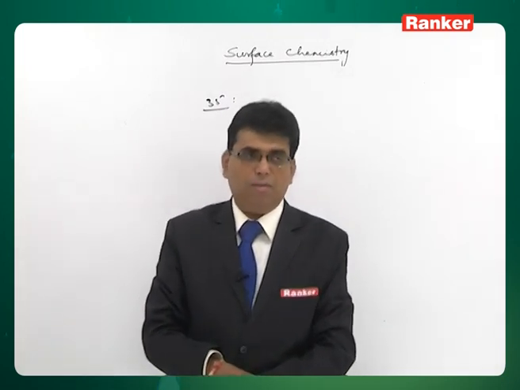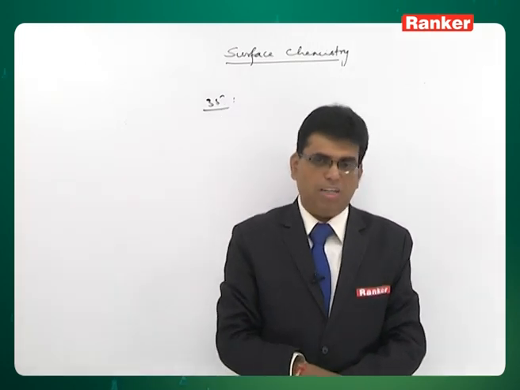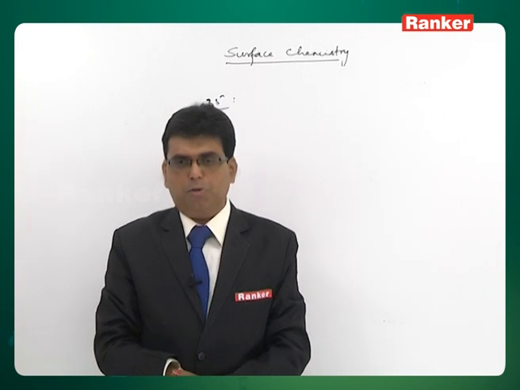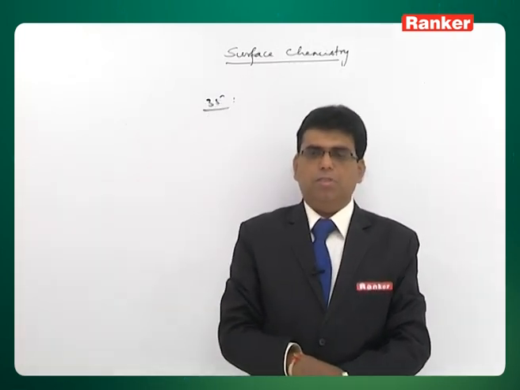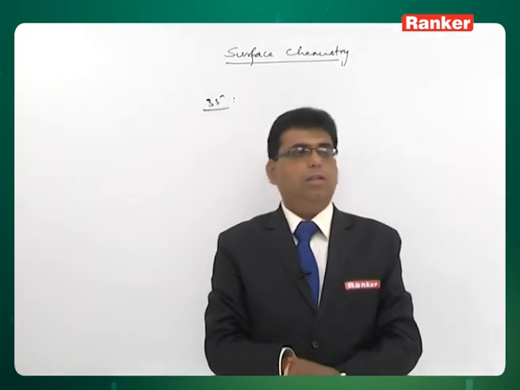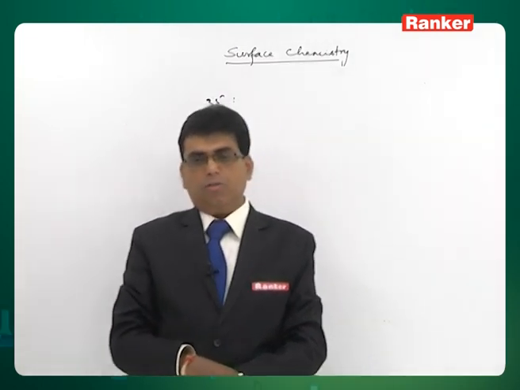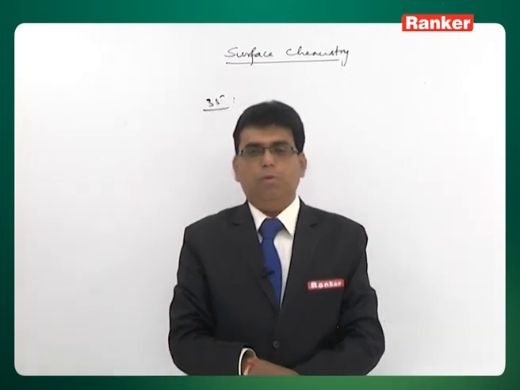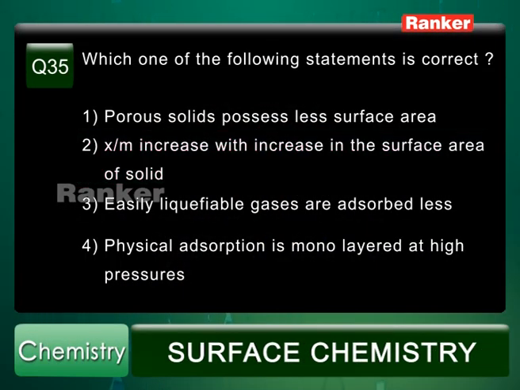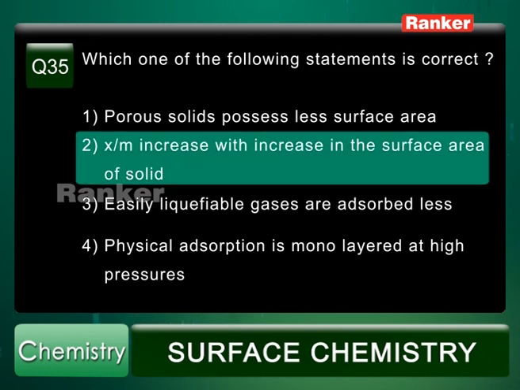No, easily liquefiable gases or the gases with high critical temperature will adsorb more. Next, physical adsorption is monolayered at high pressure. Physical adsorption is not necessary to be monolayered at high pressure. In fact, there can be multi-layered. So, here the correct answer is option 2, that is X by m increases with increase in surface area of the solid.